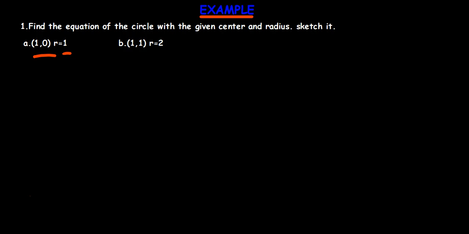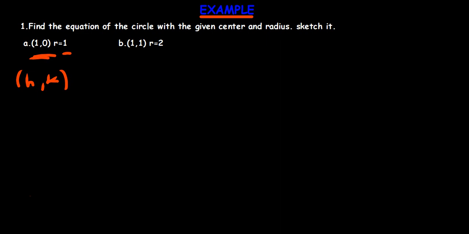So how are we going to do that? If we were to write the general form, we said h comma k, which is this here.